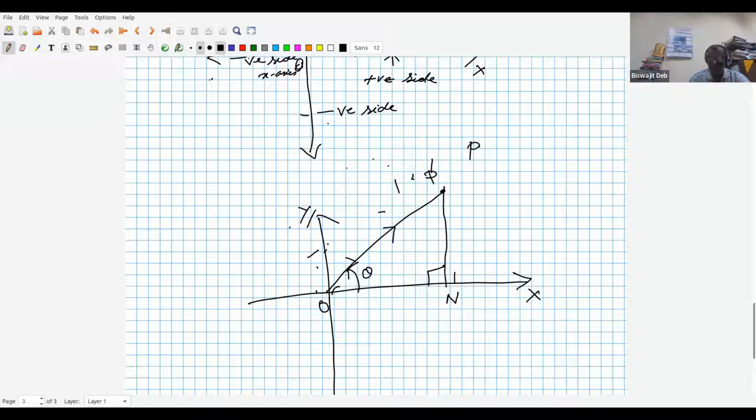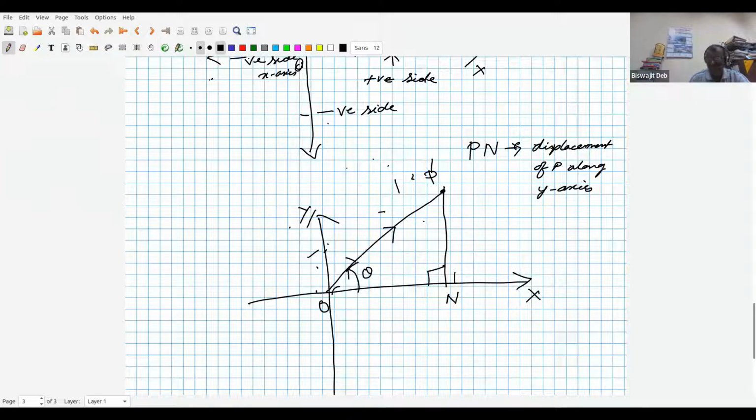Now how can I define these two terms? What is Pn? Pn is the displacement of P along the y-axis.